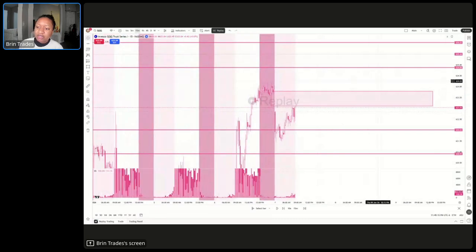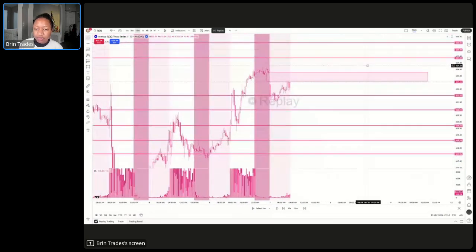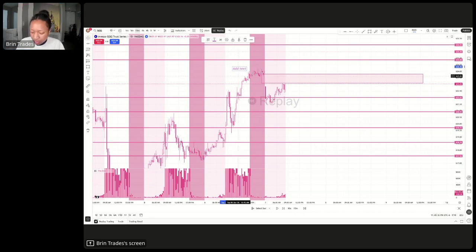So what I do is I try to gauge the price of the 3 previous days. So we have price moved from here all the way to here. Let's just call it 546. Price moved $5 that day.